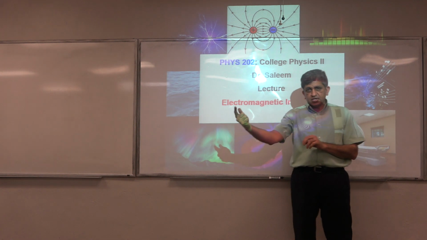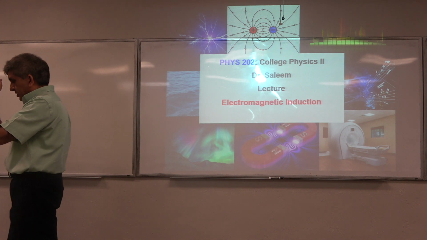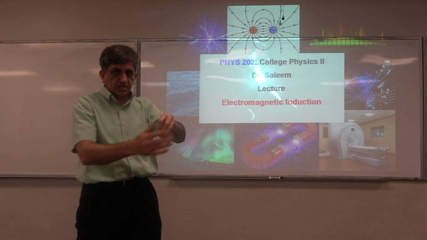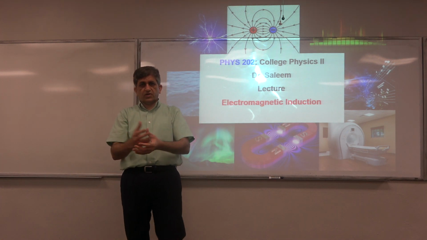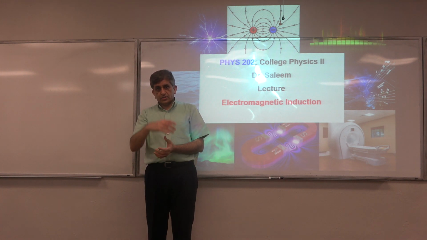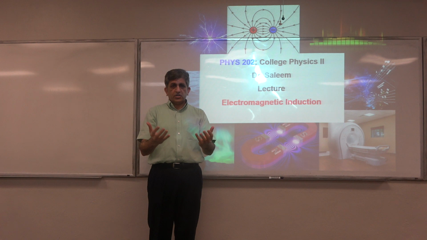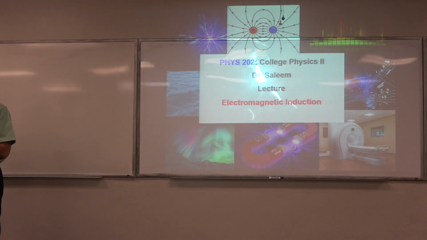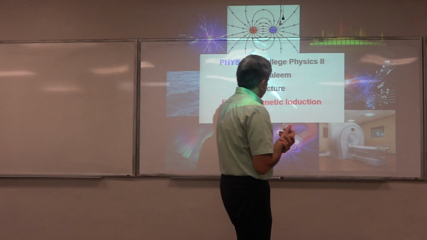First I learned about the electric force, then the magnetic force. Electric force is due to the static charge. There is an electric field around it, and you can feel the force, the effect of that field. When I set the moving charge, there is a magnetic field. And we learned that the current carrying wire has a magnetic field around it.